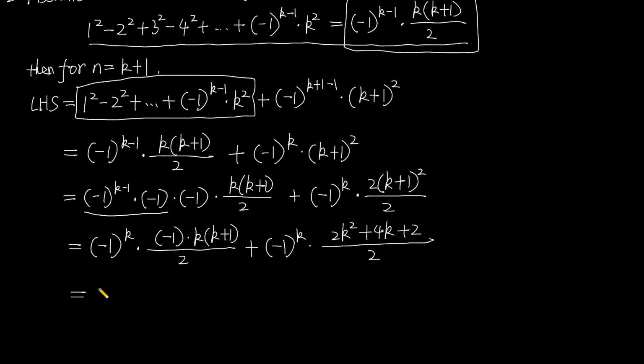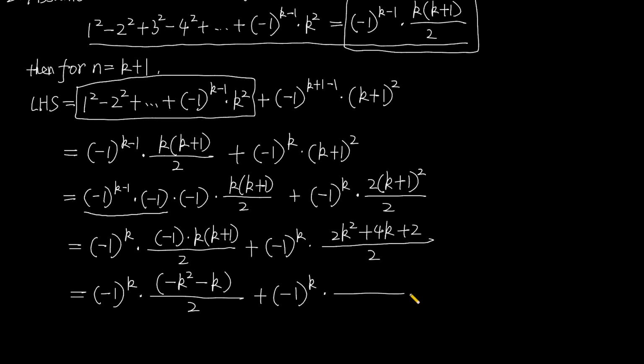Then this equals -1 to the power of p multiply here 2. We remove the brackets. So here is -p squared minus p, plus -1 to the power of p multiply 2p squared plus 4p plus 2.